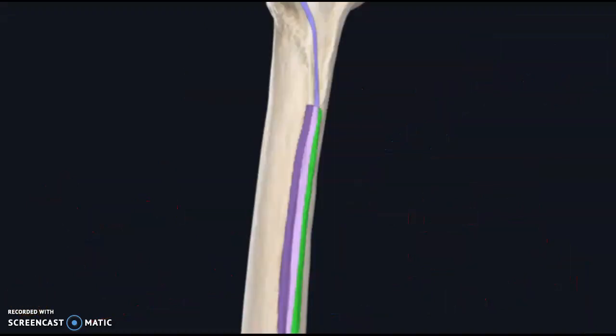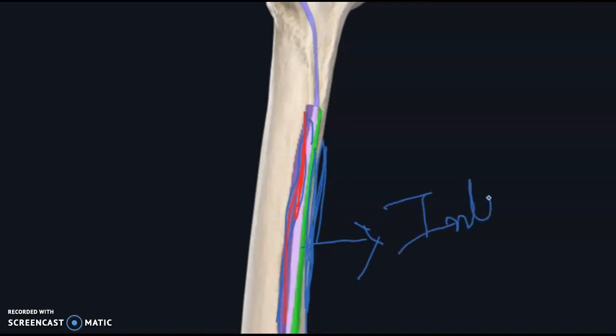Alright, so here again you can see that the linea aspera consists of two lips. This is the medial lip, and we have the lateral lip. In between them there is a small zone called the intermediate zone.